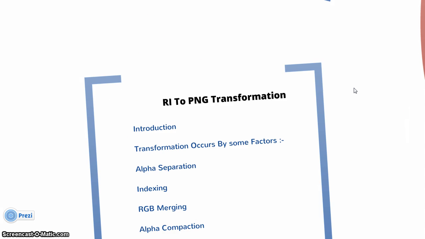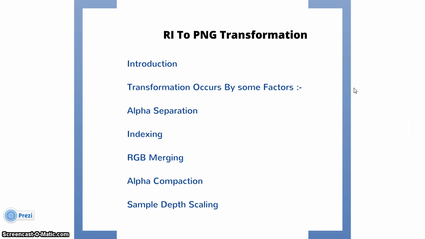In the reference image to PNG transformation part, I will give you an overview of some of the factors on which this transformation generally depends. In the introductory part, a number of transformations are applied to the reference image to create the PNG image to be encoded.